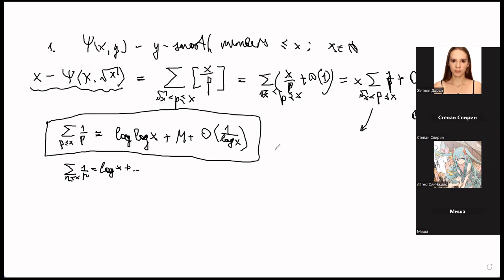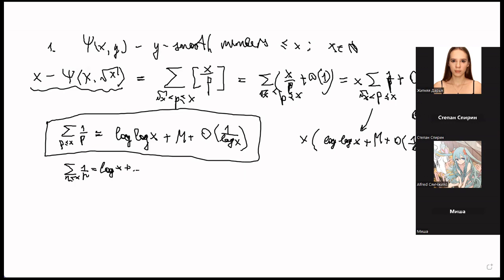Okay, and what will we get? x multiplied by log log x plus m plus O of x over log x.